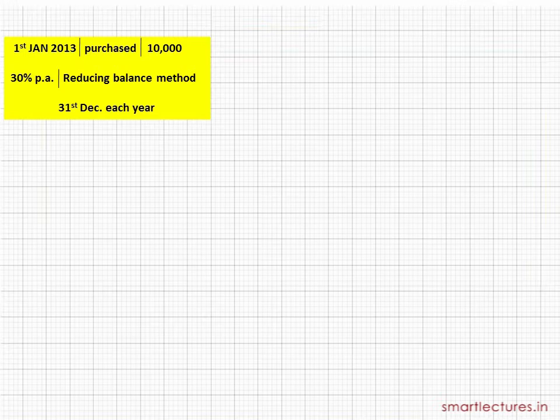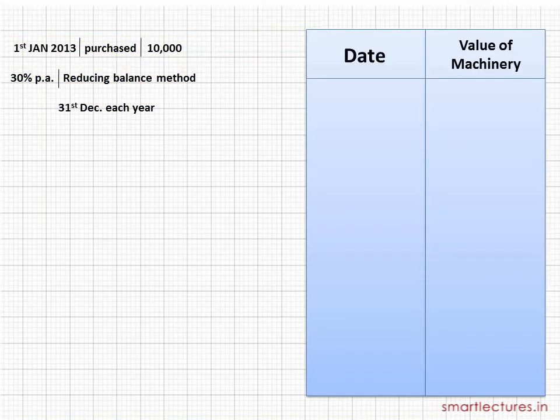Now it's a new thing for you, reducing balance method. In this situation, let's make a table to explain this thing. I'm going to make one vertical box. In the first column, this is the date. In the second column, this is the value of machinery. On 1st January 2013, the value of machinery was 10,000.